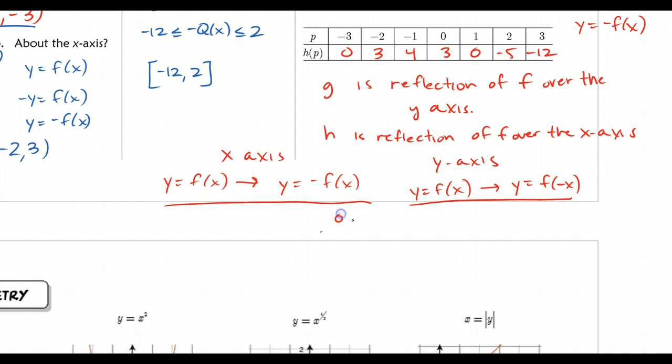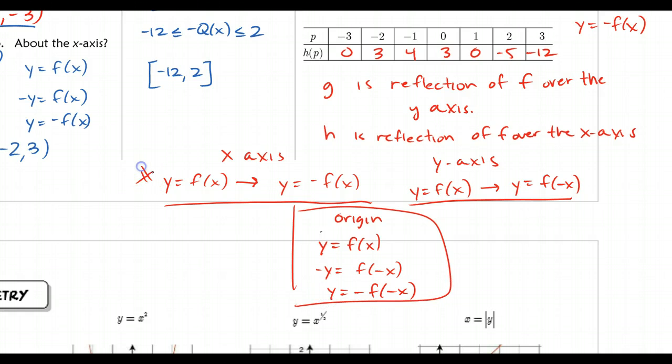When you rotate about the origin, or reflect about the origin, y equals f of x becomes negative y equals f of negative x, or y equals negative f of negative x. So these are your three main ideas for reflections.